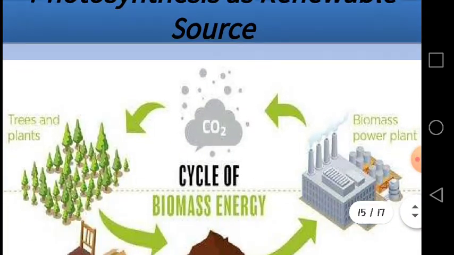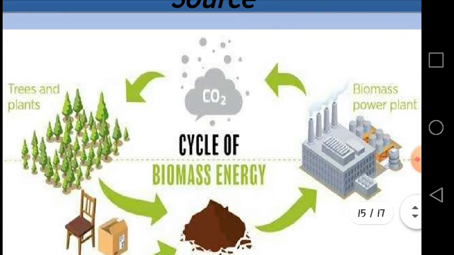As you can see from this diagram as well, fuels which are derived either directly or indirectly from plants can also be described as renewable sources of energy. They are sometimes called biofuels and include wood obtained from trees and bushes, charcoal which is made from wood, ethanol made by fermenting sugar from sugarcane, and biogas obtained by digesting the dung of grazing animals like cattle.